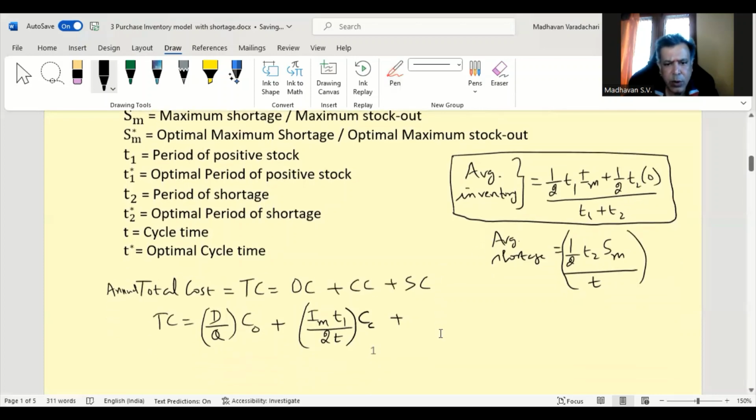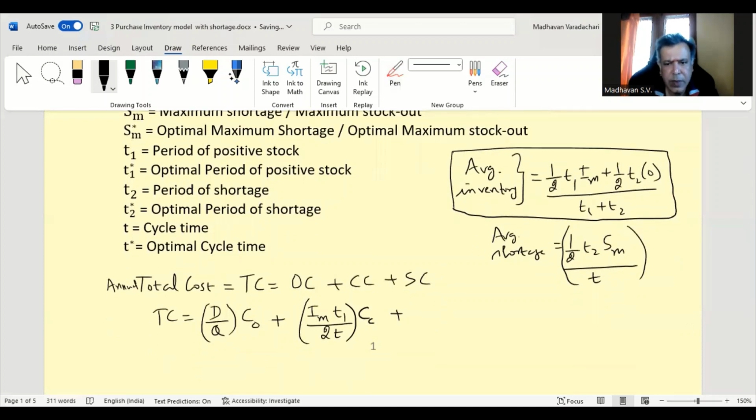Now, if I have to calculate the total shortage cost, it is average shortage multiplied by the shortage cost per unit per annum. So it is SM times T2 divided by 2 times T, the whole thing multiplied by C suffix S.